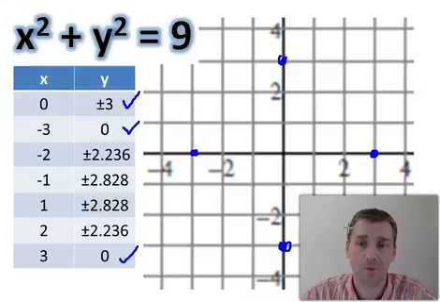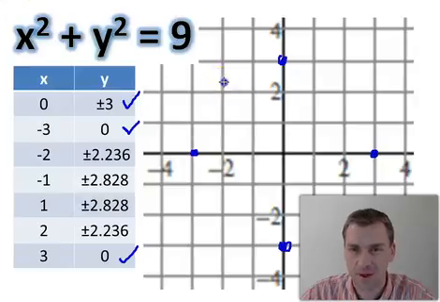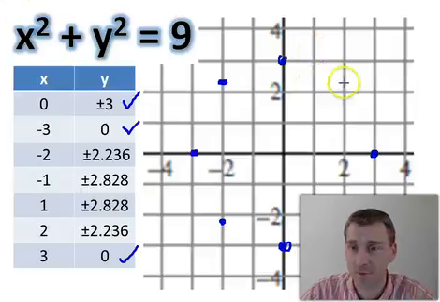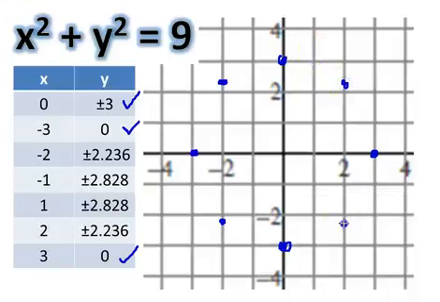This isn't looking like an S or even a W. Let's keep going. -2 and positive 2.2 is somewhere about right there. And the negative one, -2, -2.2, somewhere about right there. Same thing happens with 2. Positive 2, that's right over here. So positive 2, positive 2.2, and positive 2, -2.2.